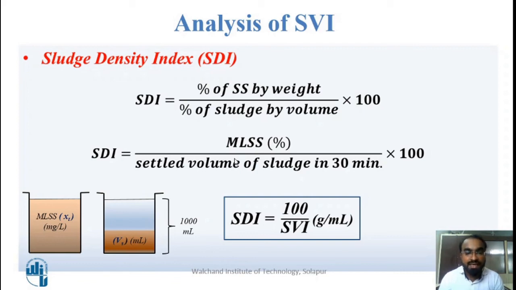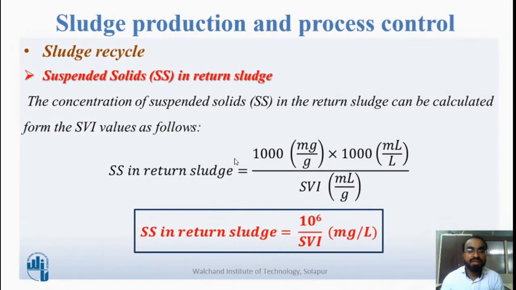So SDI is the percentage of MLSS in the settled volume of sludge in 30 minutes. It is multiplied by 1000 so that we can get it in gram per ml. So SDI is also written as 100 divided by SVI, and its unit will be gram per ml.